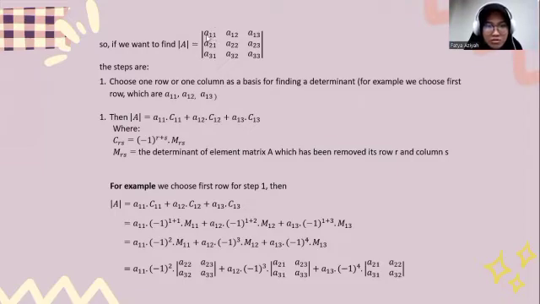If we want to find the minor of A11, then we have to close row 1 and column 1. Then we get this for the determinant of A11. And also the minor of A12 is we have to close this row and this column. Then we get this and this and this for the minor of A12 and so on. Then we get this.